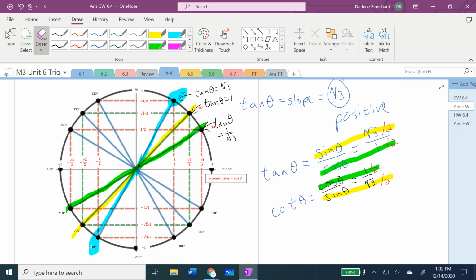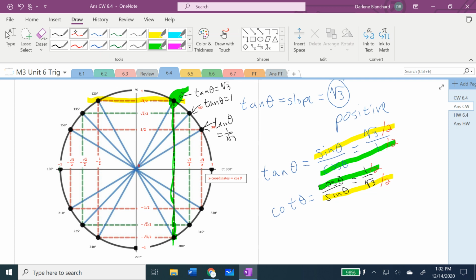I'm going to erase a little bit over here to focus on when the sine is root 3 over 2, that takes me to 2 possible angles. When the cosine is positive 1 over 2, that takes me to its possible 2 angles, but they only share 60 degrees.